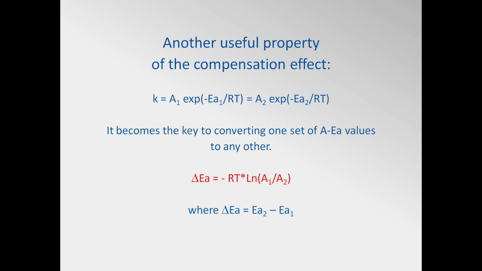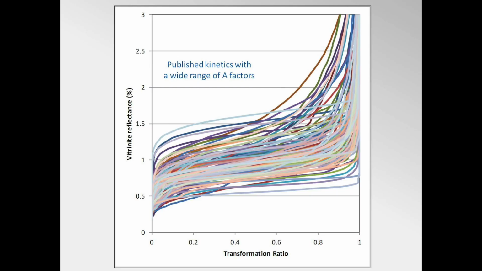And the equation shown in red here is, in fact, a very simple equation that can be easily applied to convert a published data set or any other data set into a more desirable A factor and the associated activation energies. So now we're going to try a little experiment.